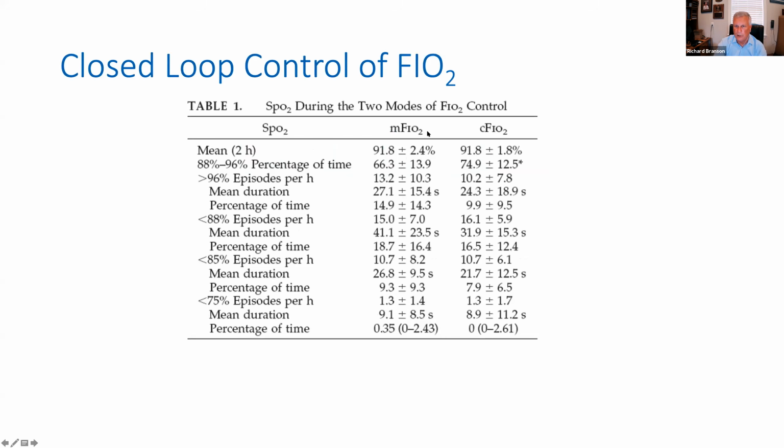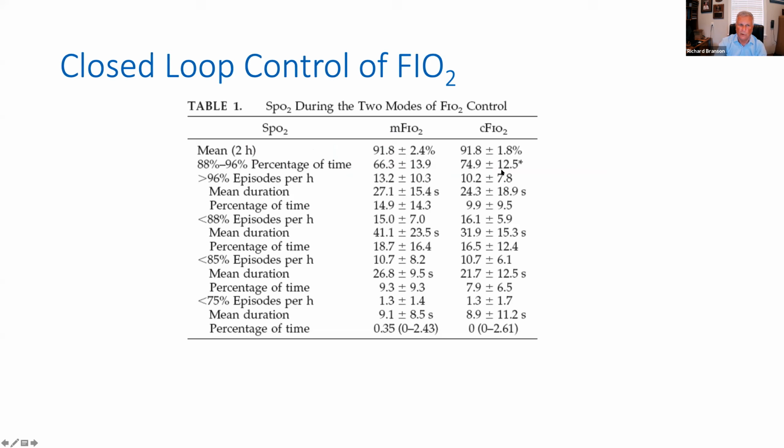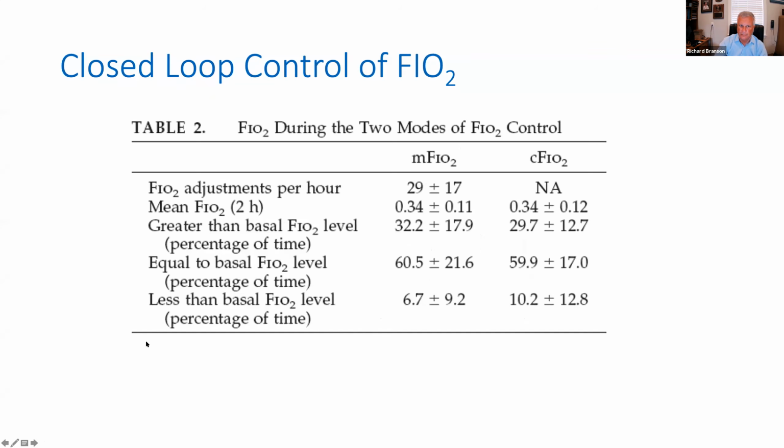So you're looking at the FiO2 during manual control versus during closed loop control, and looking at what the mean SpO2 is. And then here we have number of episodes of hyperoxemia, again, lower, number of episodes with hypoxemia, less than 88, about the same. And then number of episodes with even significant hypoxemia, so less than 75%, was less often when you had closed loop control of FiO2.